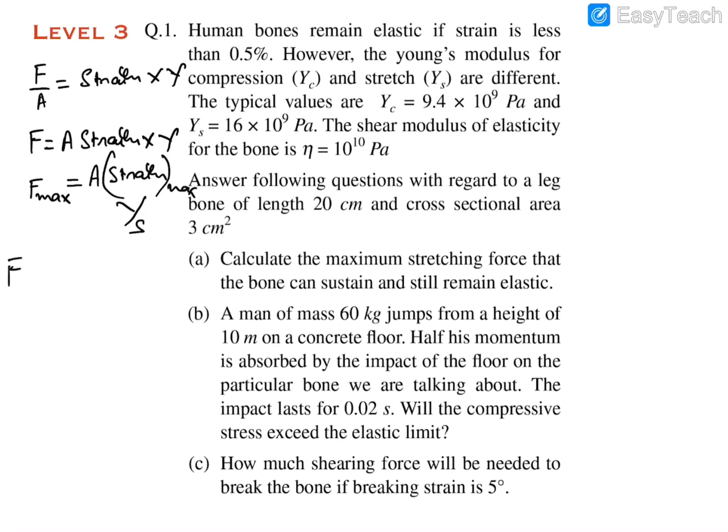So F max will be equal to the area, which is 3 into 10 raised to power minus 4, and the maximum strain is 0.5%, so it is 1 by 2 into 10 raised to power minus 2, because it is given in percentage, we have to convert it into absolute strain.